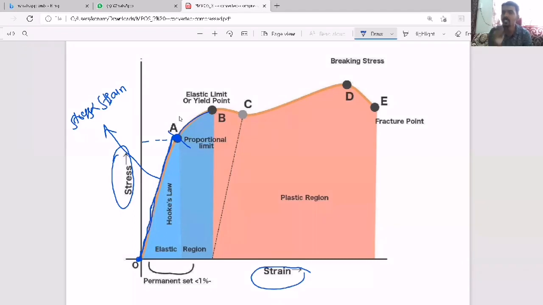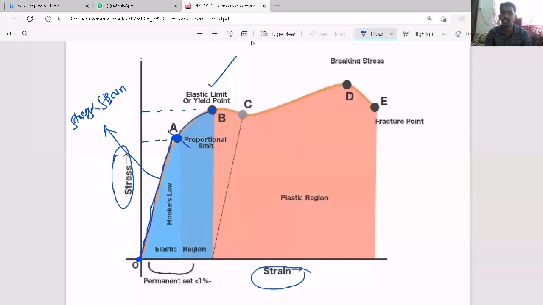But the substance can still regain its original shape up to a particular limit. Let's suppose up to 120 Newton. That point we call the elastic limit or yield point. Just as an example, it may be 200 or 300; up to a particular limit you can apply the force, and when you remove it, the body regains its original shape.